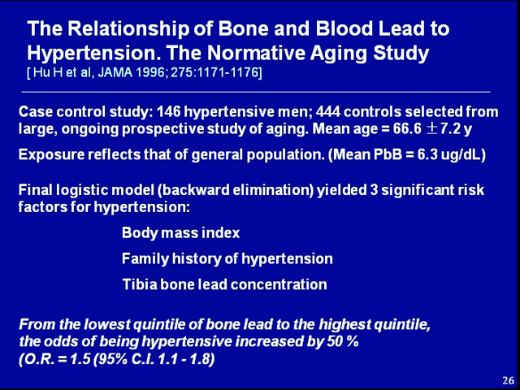In the final logistic model that this study yielded, there were 3 significant risk factors for being hypertensive. One was the body mass index. The second was whether an individual had a family history of hypertension. And the third was their tibia bone lead concentration.